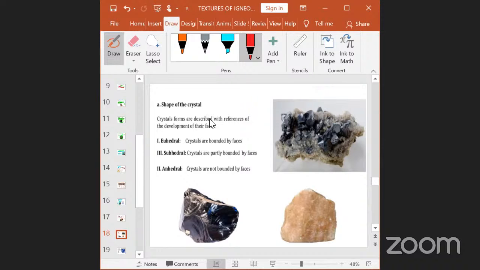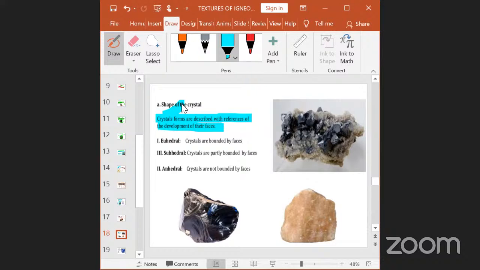Crystal forms are described with reference to the development of their phases. So these textures are of two different kinds. The first is the development of crystal phases, which are boundary outlines, and the other is with reference to the nature of the growth of the minerals.